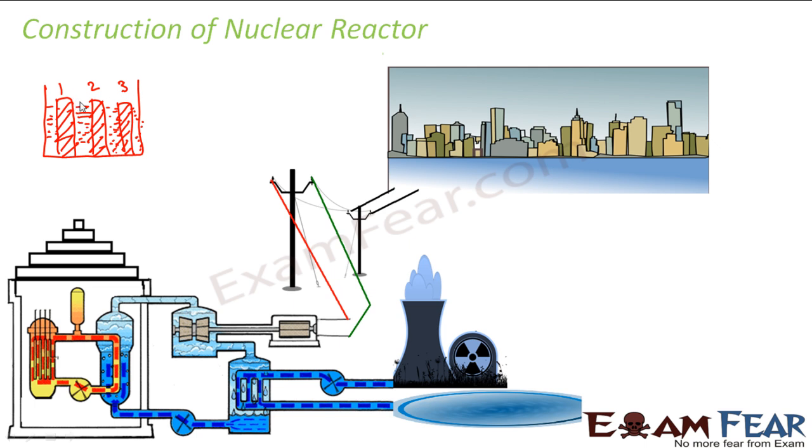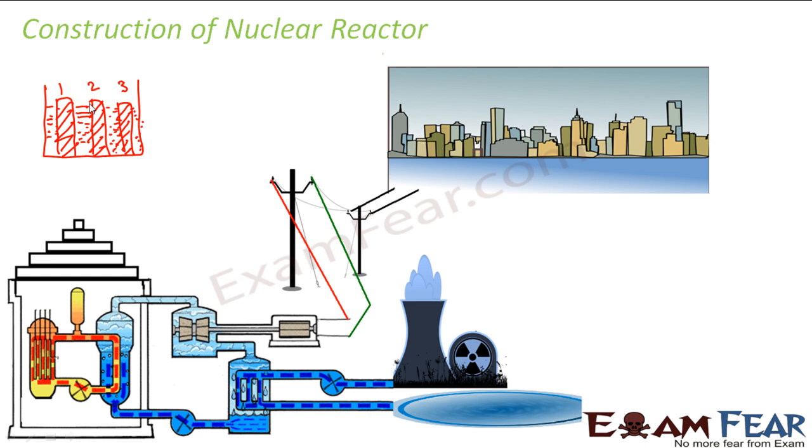The 3 neutrons which are emitted from here will get slowed down because of the moderator before encountering the second rod. As a result, fission will occur. Now the geometry of the core is made in such a way that only 1 out of the 3 neutrons which are emitted strikes the next rod. That is how it becomes controlled.